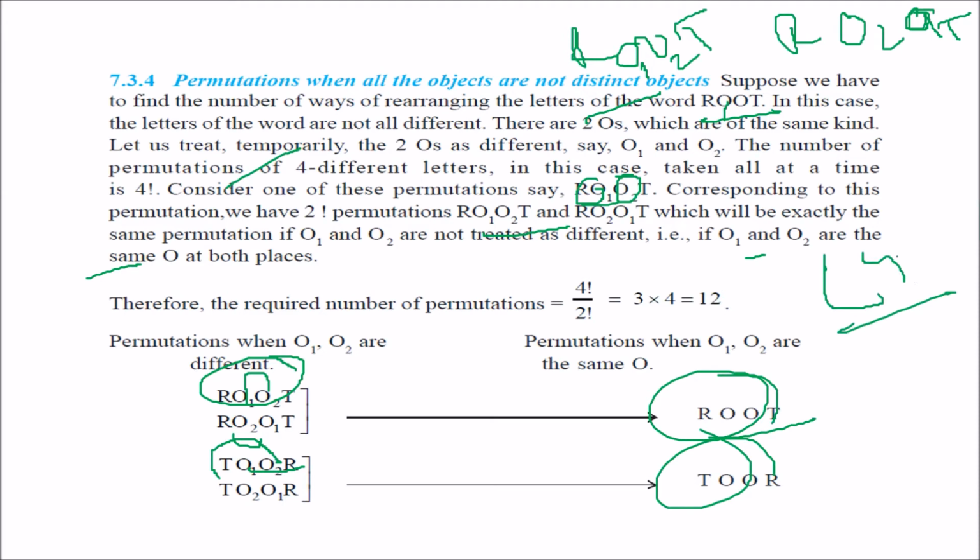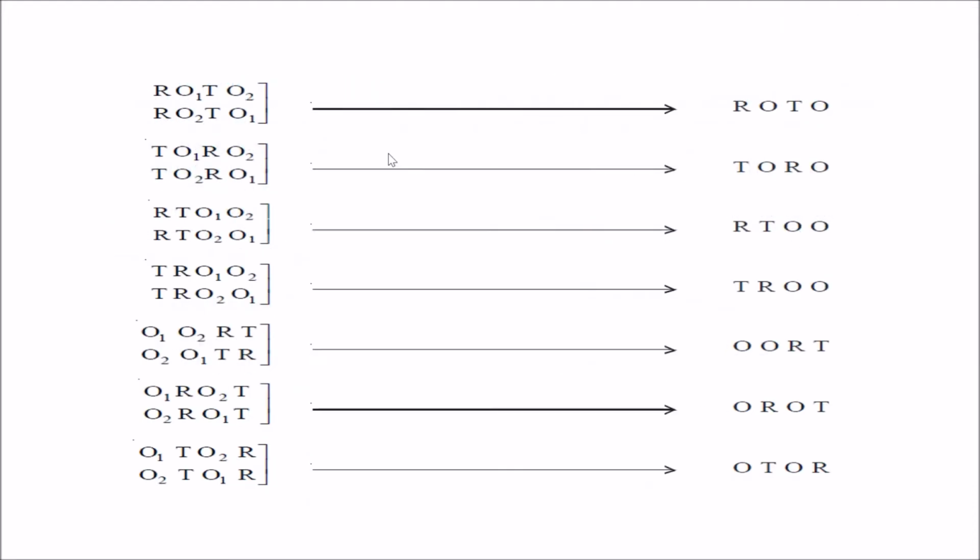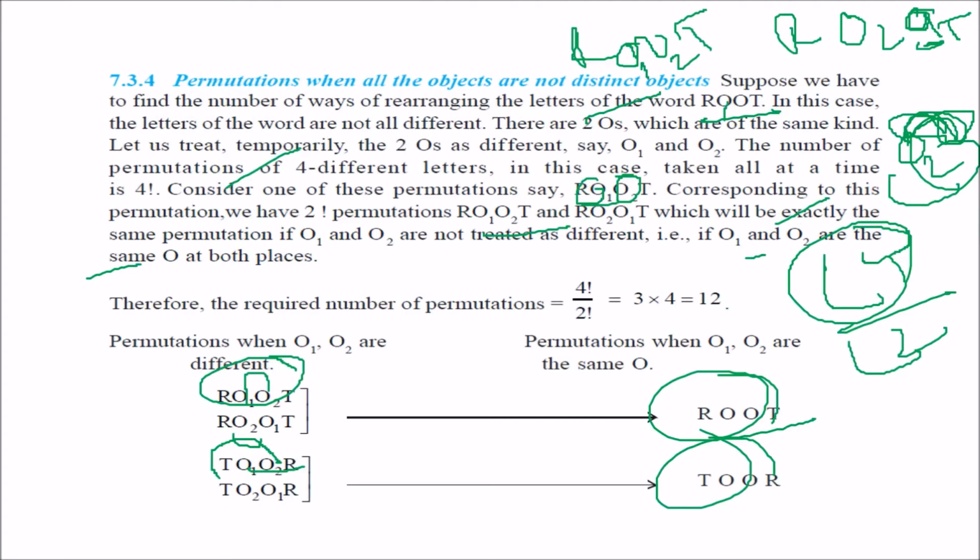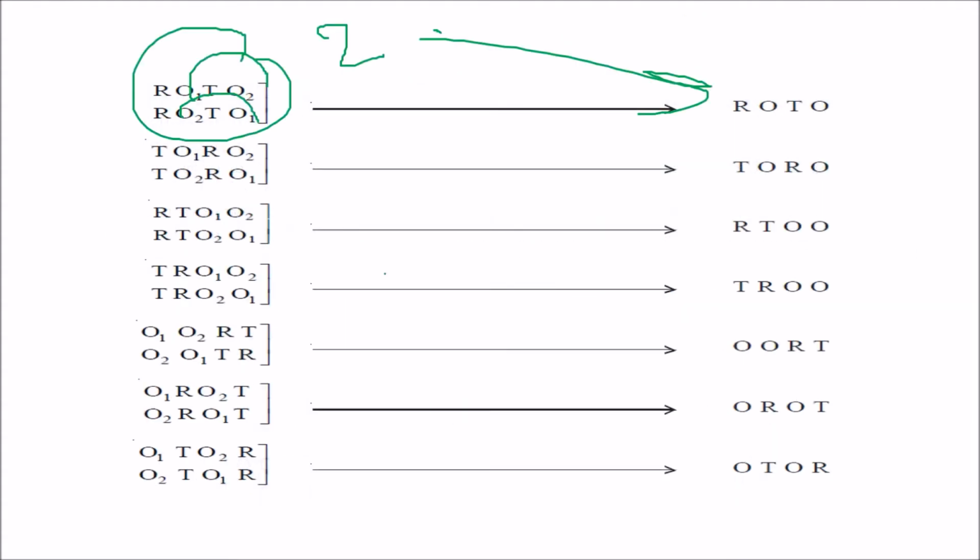But these o's are non-distinct, so each arrangement has been counted factorial 2 times, because o1 and o2 can find their places in factorial 2 ways. So this factorial 4, the arrangement of r o o t, has included factorial 2, the arrangement of the o's, and we have to divide by it.